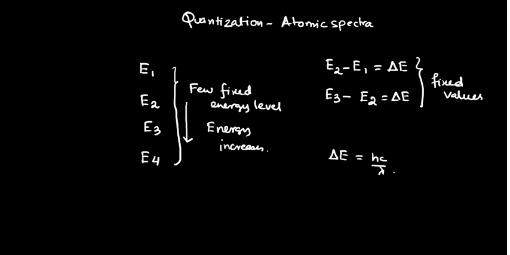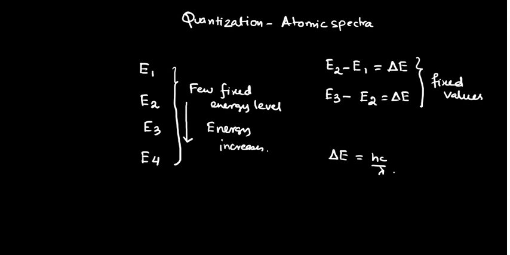That's why, since lambda is allowed to have only fixed values, in emission spectra we see only some fixed lines. We cannot see any broad region, but we see fixed lines.